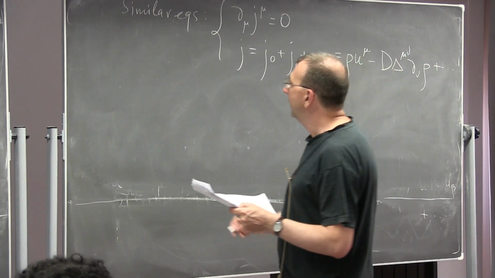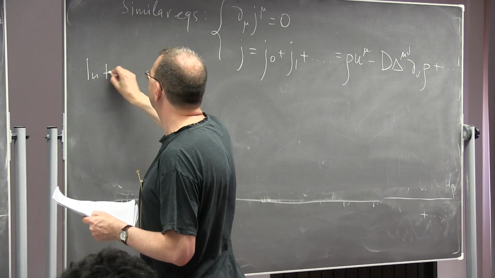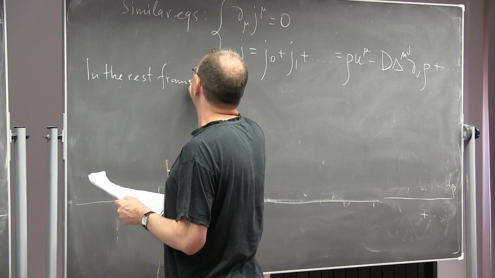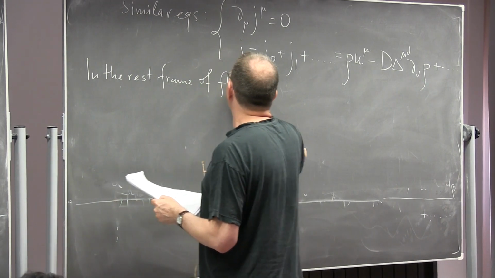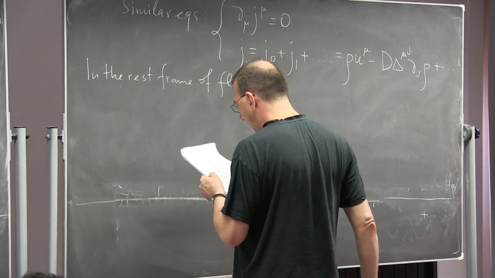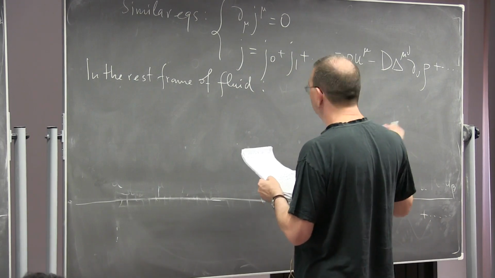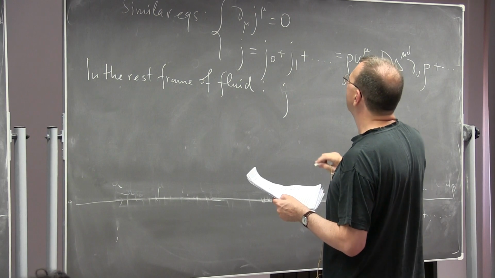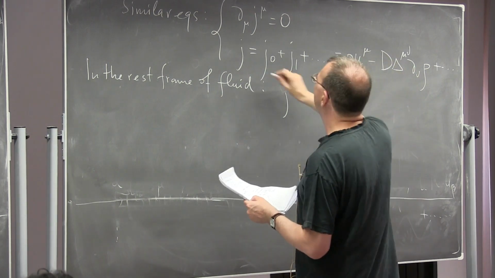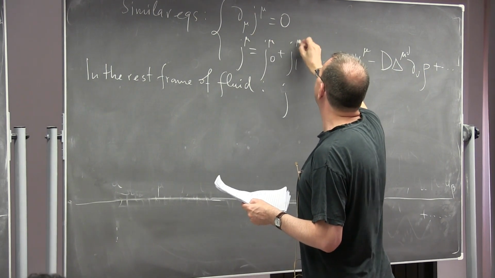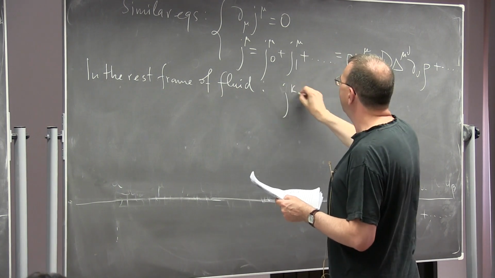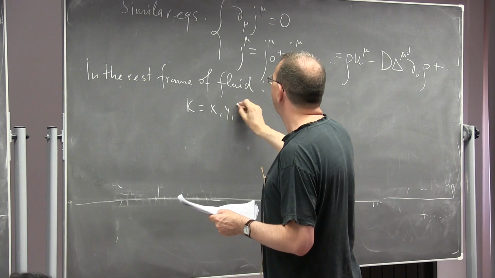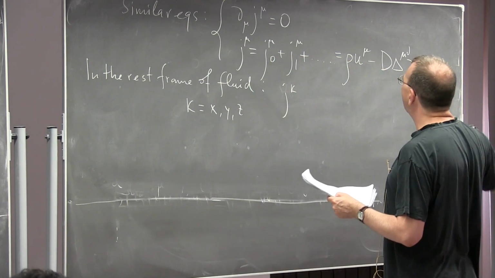So in the rest frame of the fluid, you will get, I didn't put the index, so mu. So for indices k, which are spatial indices x, y, and z, this line here, right?